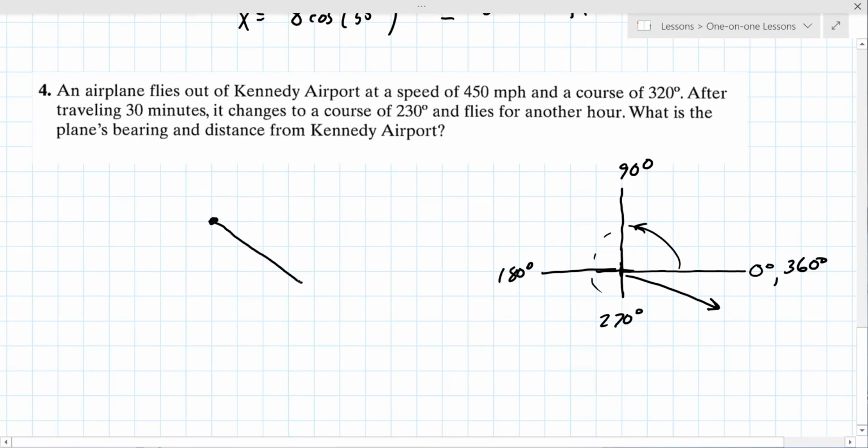Now how far does it go? Well, it's a distance equals rate times time problem. Your rate is 450 miles per hour.